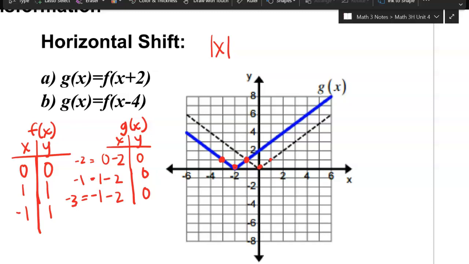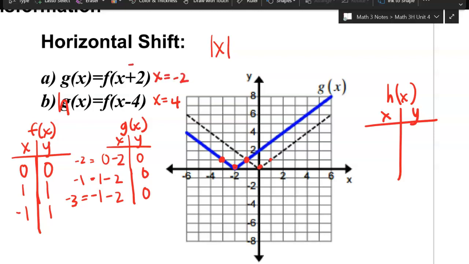All right, let's look at h of x. That's supposed to be h of x, not g of x. This time we're subtracting 4, so x is going to equal 4, and this one was a negative 2. Because remember, we subtract, and then this one we're adding. So we're doing that opposite to get back to that parent function.